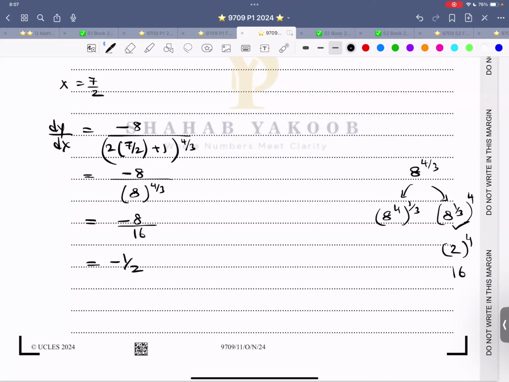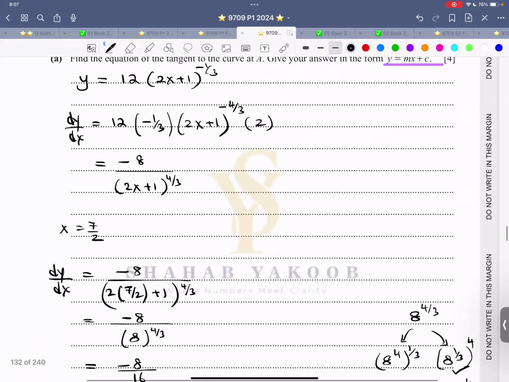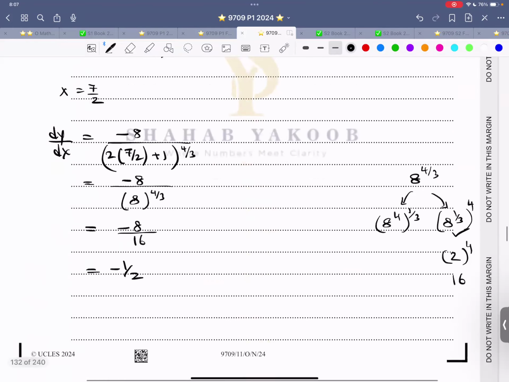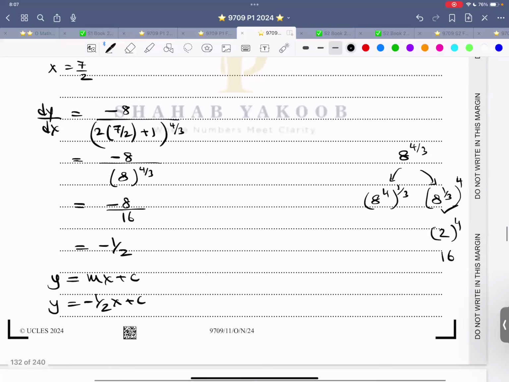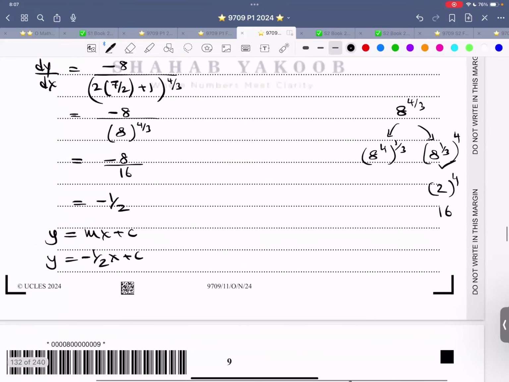So that is one thing that you have achieved. The first thing, the gradient is negative half, and the point is 7 over 2, comma 6. So therefore, y = mx + c, starting with this one. y = negative half x + c. Now plug in the coordinates 7 over 2 and 6. When x is 7 over 2, y is 6.